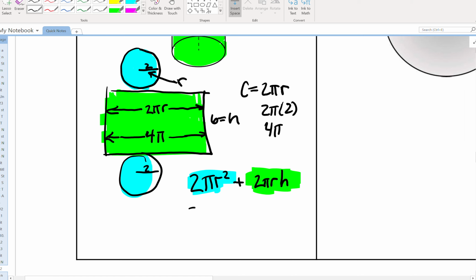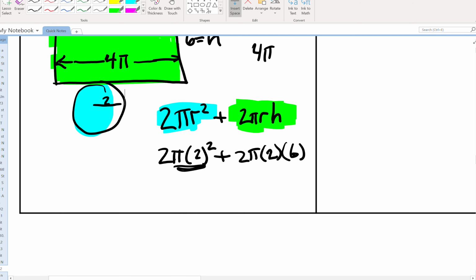So we can substitute these values in. 2 times pi times the radius, which is 2, squared. That's my 2 pi r squared, since I've got 2 of them. And then 2 pi r, the same radius of 2, times the height, which is 6. If I simplify this out, 2 squared is 4, times this 2 is 8, so I've got 8 pi.